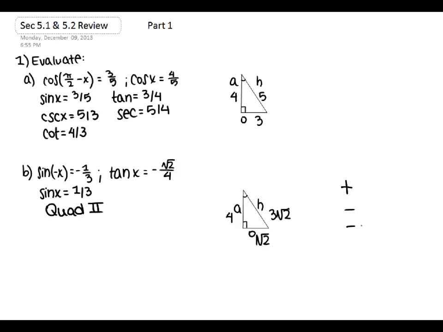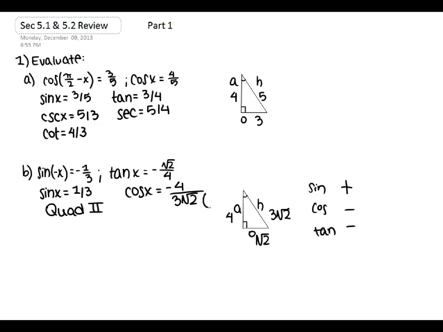Okay, so now we're going to do our cosine. Cosine x. And we know cosine is going to be negative because of this, right? Sin, cos, tan. So cosine is negative something. Cosine is, as we know, adjacent over hypotenuse. So 4 over 3 root 2. Now we have a little problem with this because we can't have this root 2 in here. We have to rationalize.